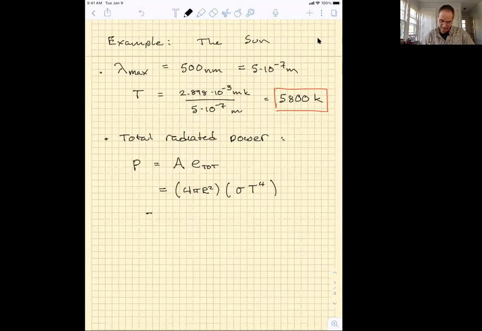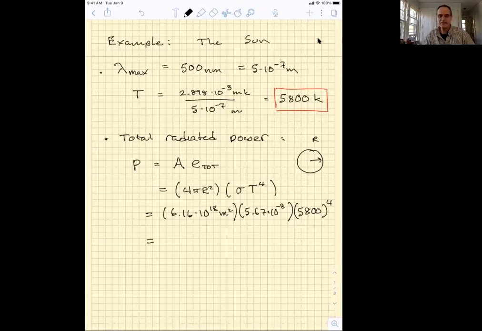So the total surface area of the sun from its radius, which is about 7 times 10 to the 8th meters, gives 6.16 times 10 to the 18 meters squared. And then we're going to multiply by 5.67 times 10 to the minus 8, and then times the temperature to the fourth, 5,800 Kelvin to the power of 4.